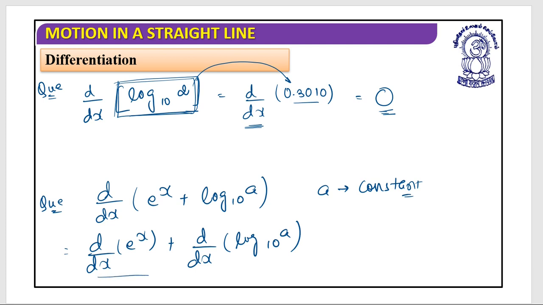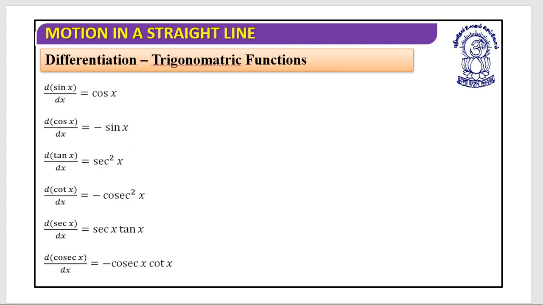When I do d by dx of e to the power x, it would be the same, which means e to the power x itself, plus d by dx of log a to the base 10, it would be 0. So this comes to e to the power x. Are you clear with this? Yes, can you do this? Are you sure? Okay, so we can move to the next functions.